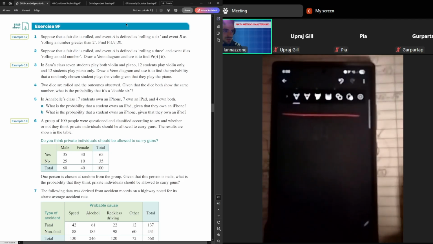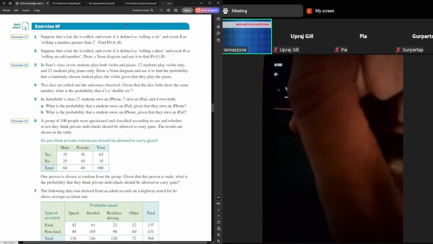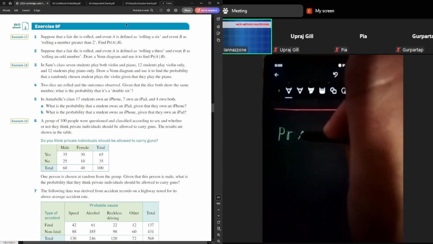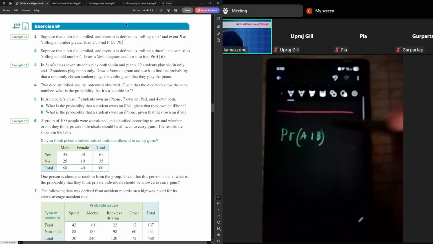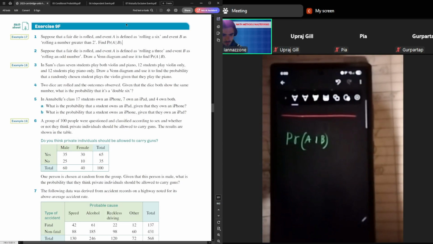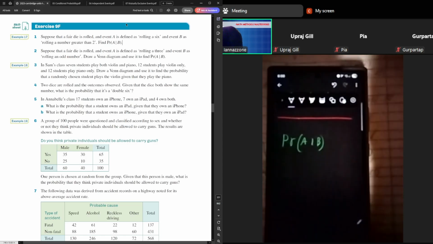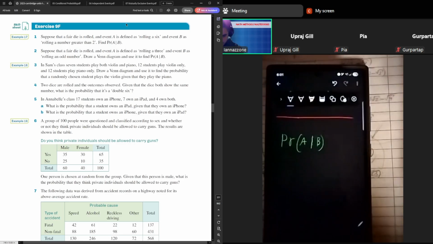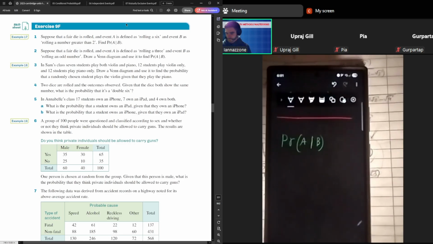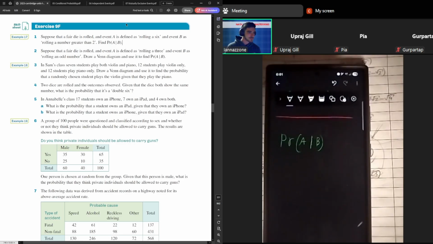How could we potentially find A given B? There's actually a couple of options.